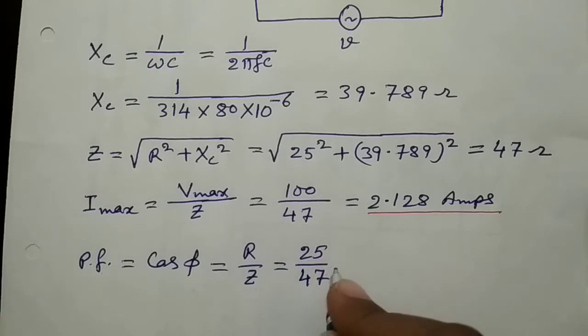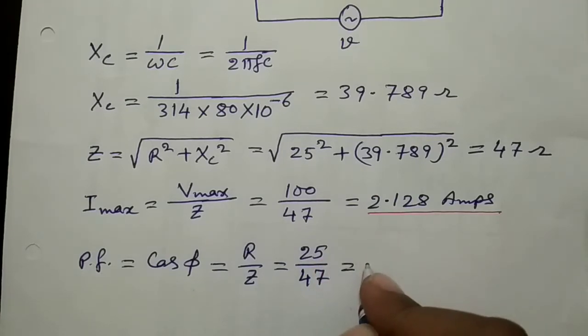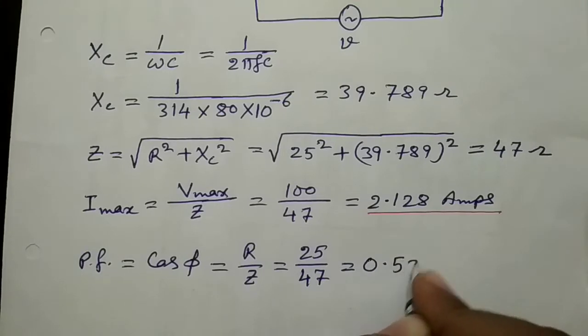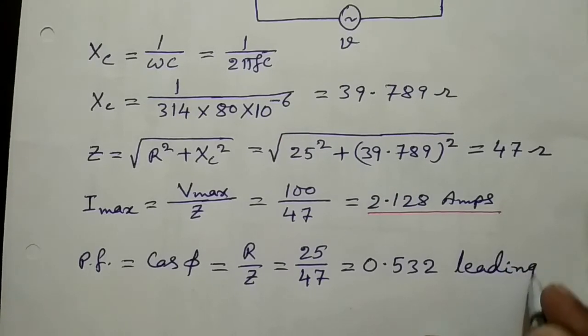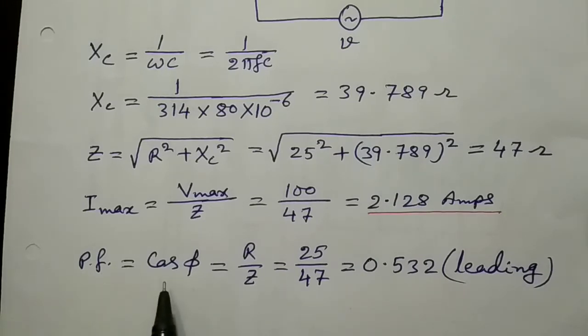After simplification, the power factor will be 0.532 leading. Remember, in a resistive capacitive circuit, the current leads the voltage. Therefore, for an RC series circuit, the power factor will be leading. So it is 0.532 leading power factor.